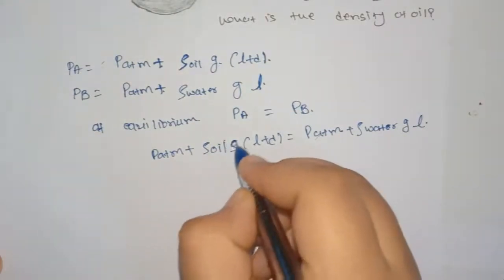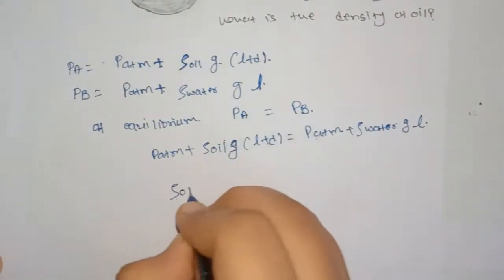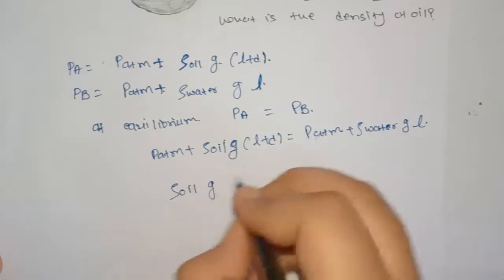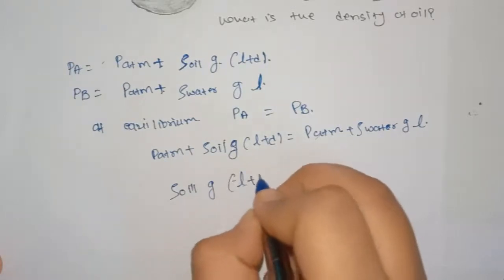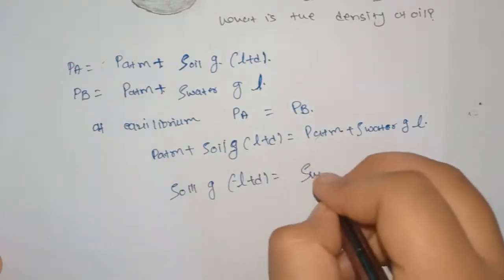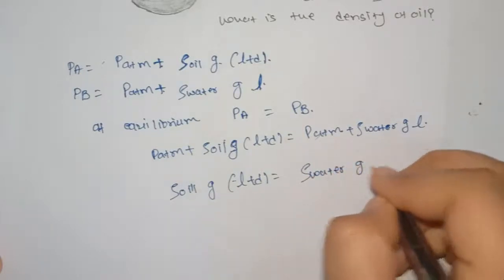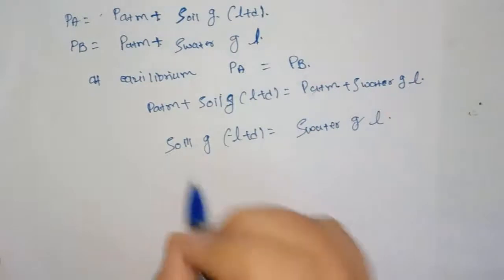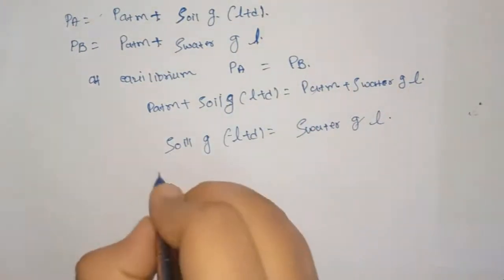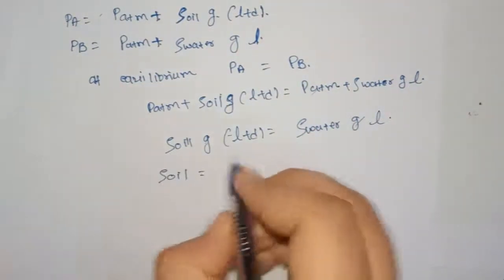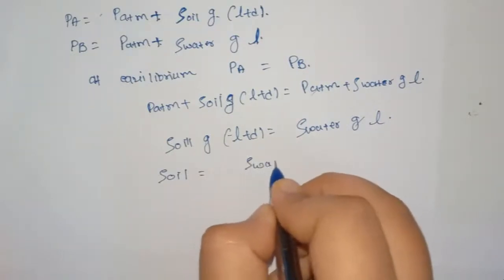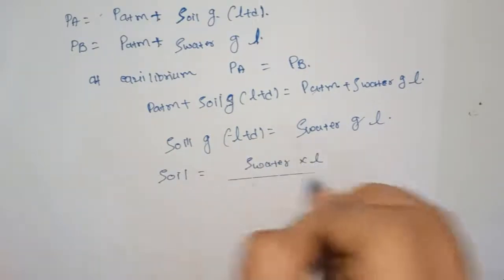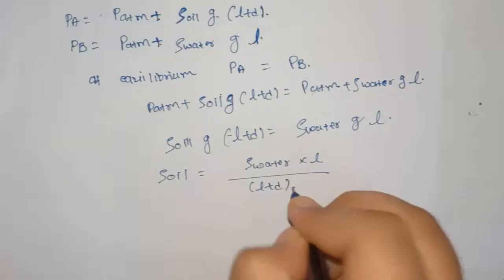So density of oil into g into (L plus D) is equal to density of water into g into L. This g will also get cancelled out. We want to find the density of oil, that is equal to density of water into L divided by L plus D.